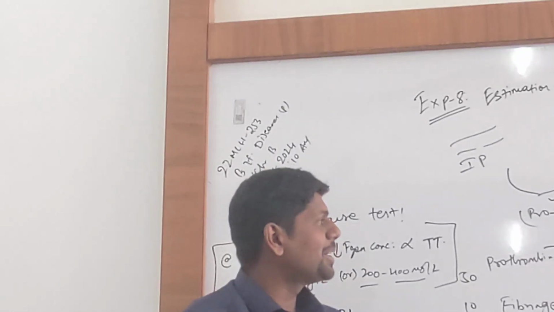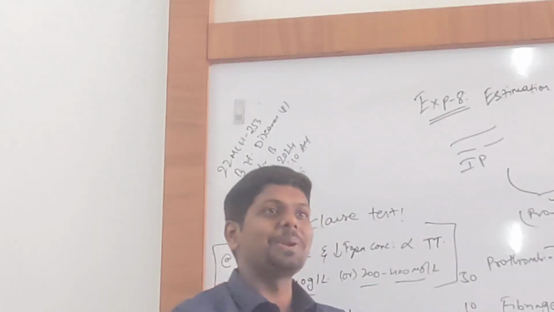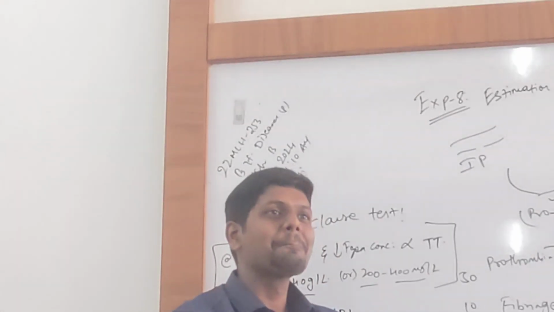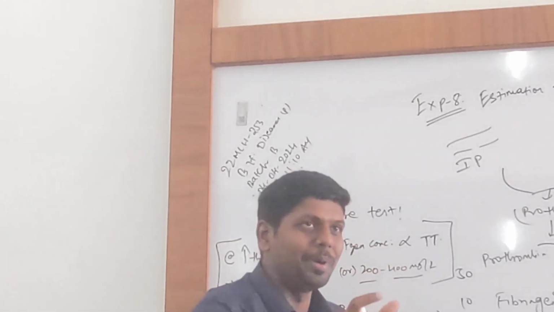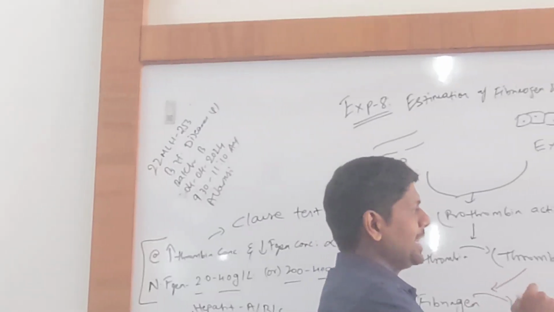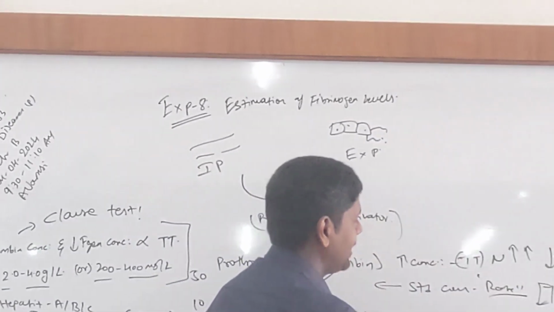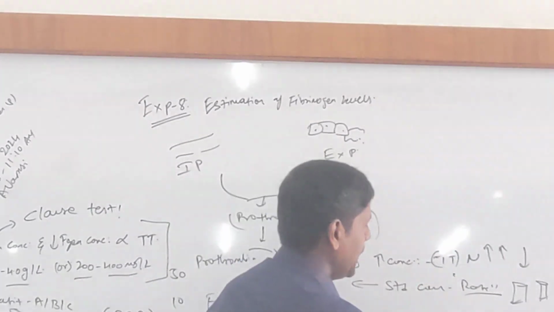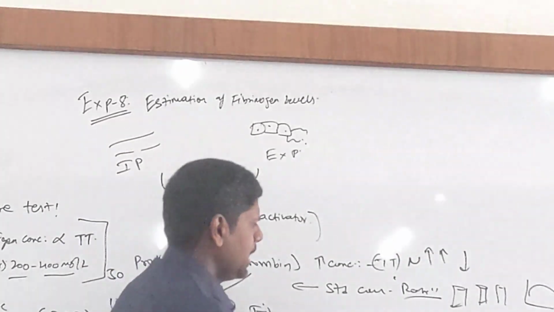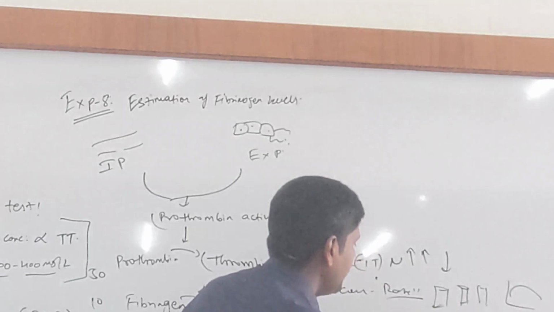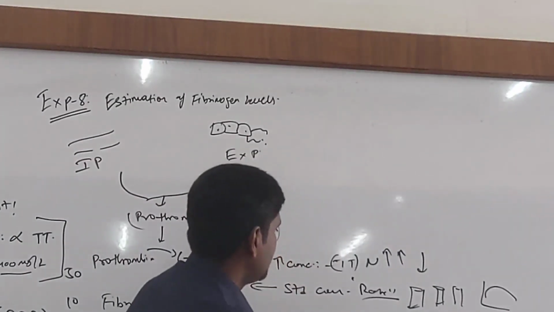Why in the world won't thrombin convert fibrinogen? If there is any issue with thrombin, definitely we will identify that: the CT will be elevated, the APTT will be elevated, and the PT will be elevated.